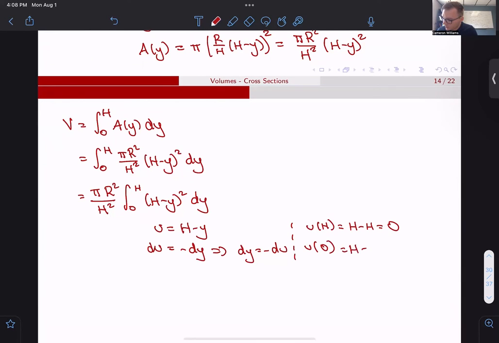We'll have big H minus 0, and that's H. So it's like we're integrating in the opposite direction. Our lower limit, so we're starting at H, and then we're going to 0, which, if you remember, integrals are signed areas, direction matters. That would technically give us a negative volume. But this negative will take care of that for us. It won't be a negative volume.